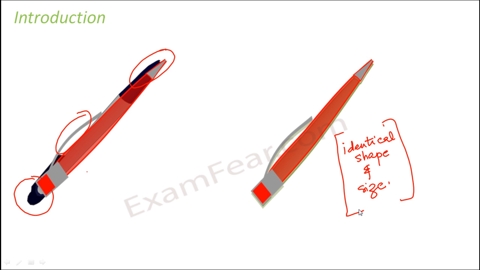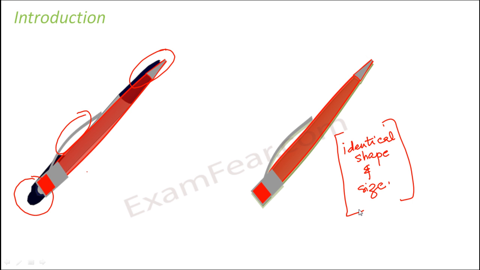So when we say congruence, we talk about two objects, two shapes, two line segments, two angles, two triangles, any two objects of any shape, such that the two objects have identical shape and size. That is, they should be able to cover each other completely. So in this case, the red pen and the green pen are congruent.